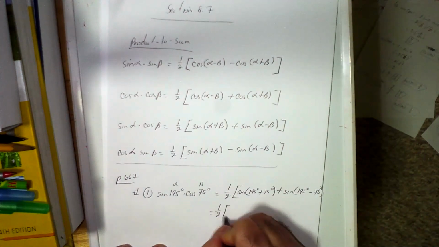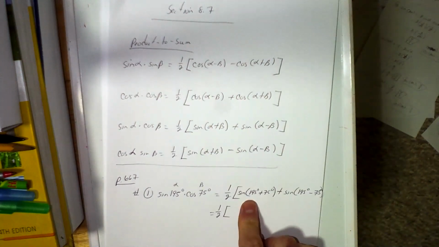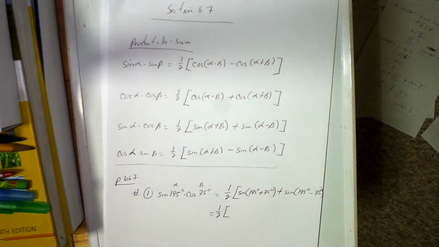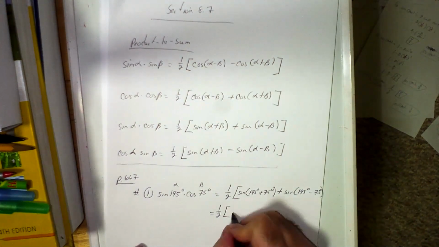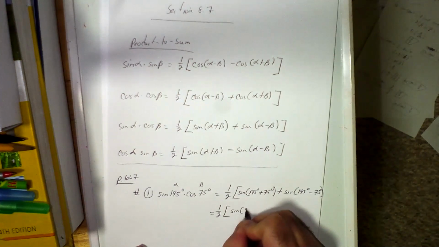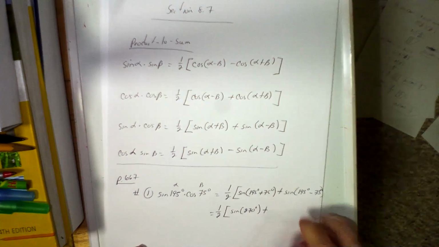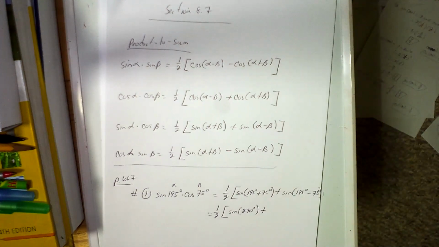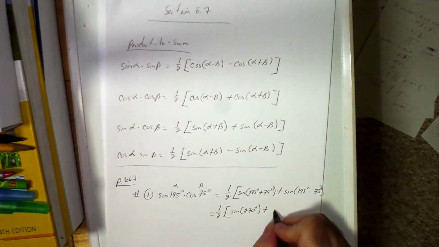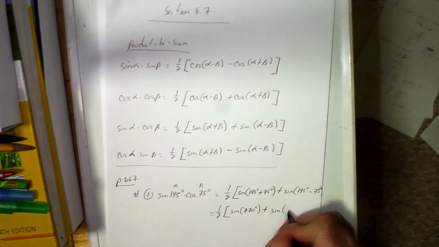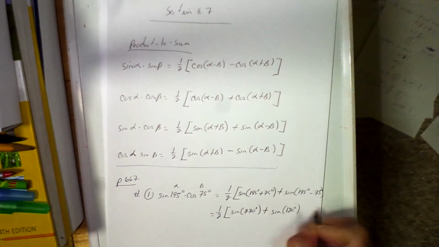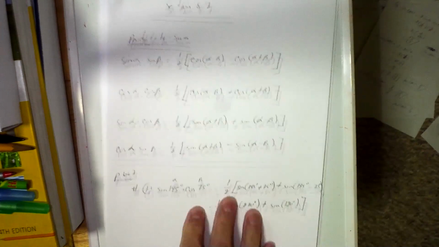So we get 195 plus 75 is 270 degrees. Don't forget the degrees. And then we subtract 195 minus 75 gives us 120 degrees. Okay.